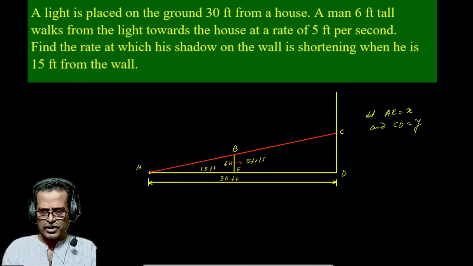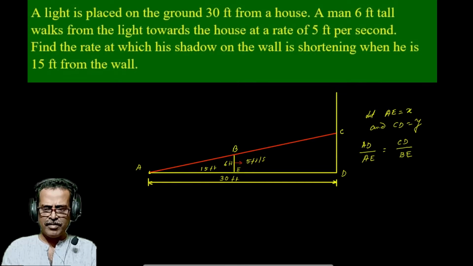From the basic proportionality theorem, we can say that AD by AE is equal to CD by BE.